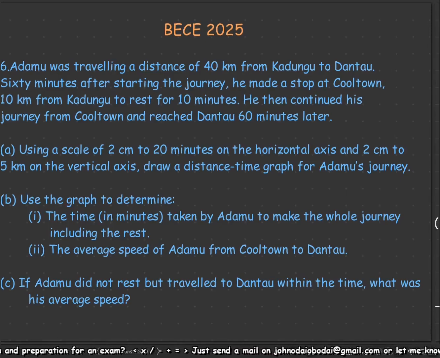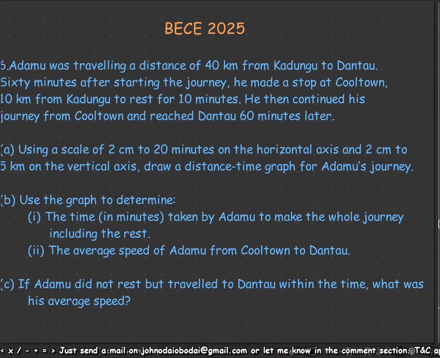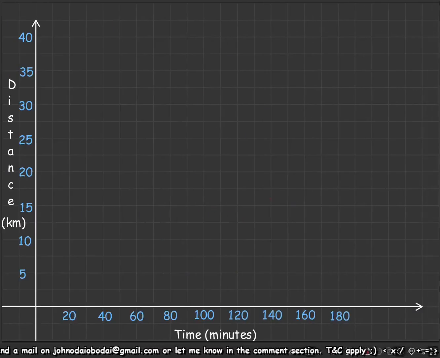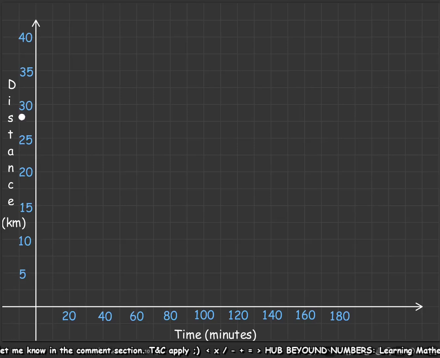So we wouldn't be doing it here. Since it is a graph, I would have to switch to another page so that we can see it clearly. All right. So this is what I have over here as my graph. And as you can see on the vertical, I have my scale over here.